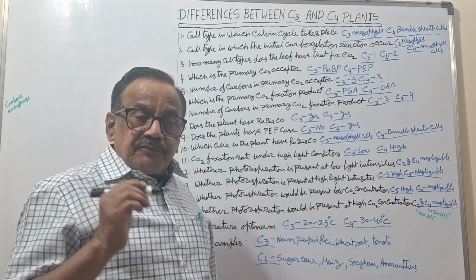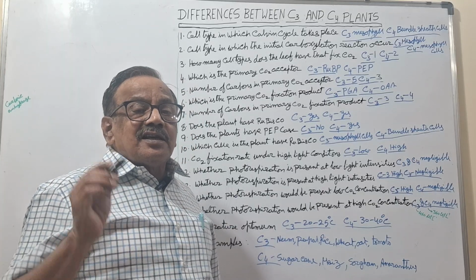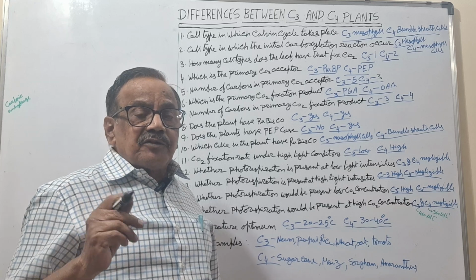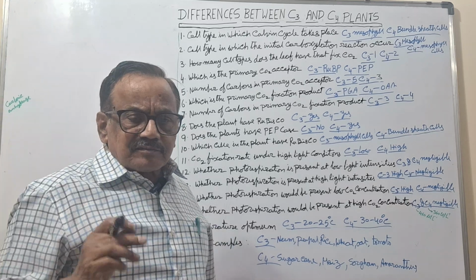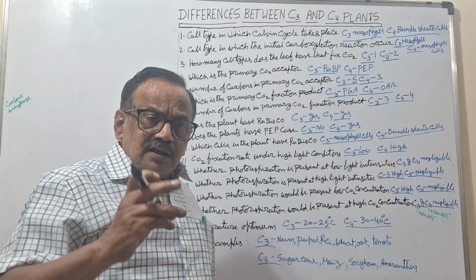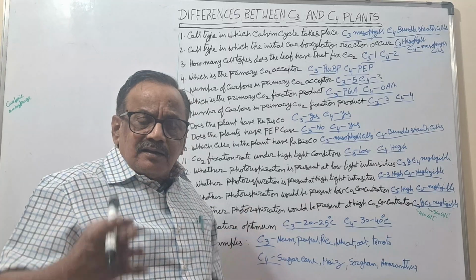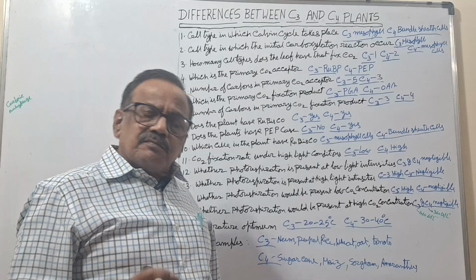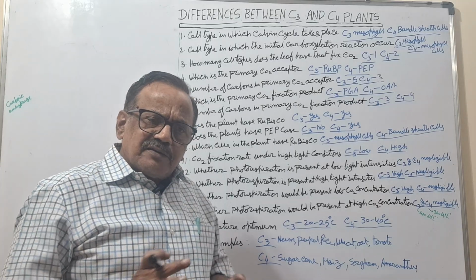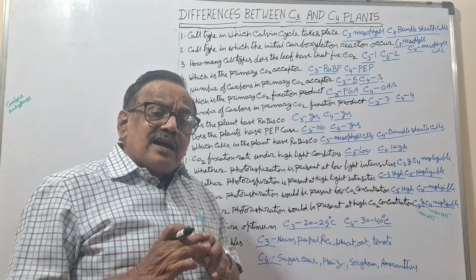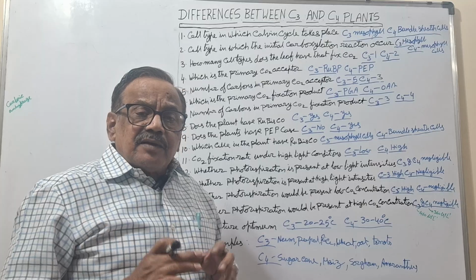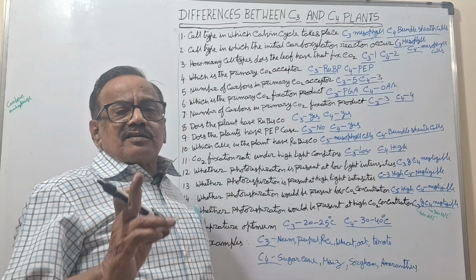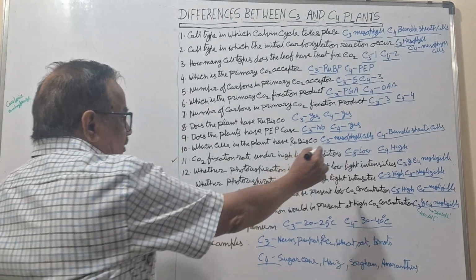But C4 plants have 360 only, though 450 also will affect. I discussed those things already in the factors affecting photosynthesis. Please see that one also. Whatever question comes on photosynthesis, you can give the answer.